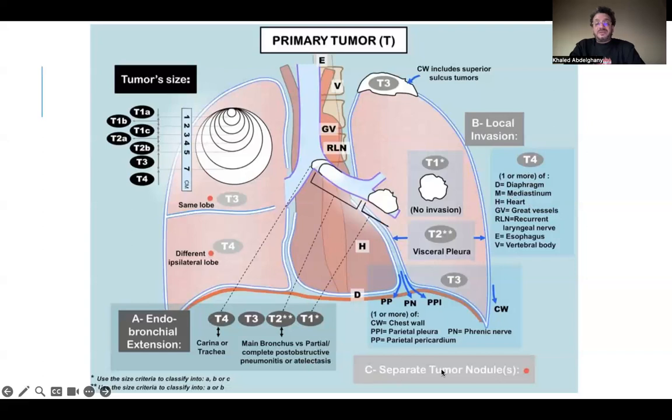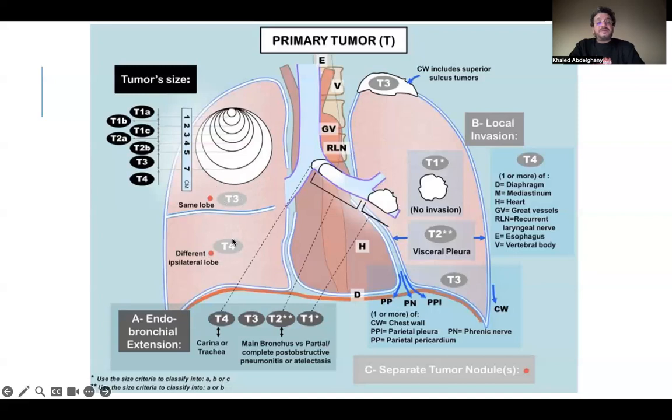In our case, we don't have separate tumor nodules. So what if there are separate nodules? If the tumor is here in the upper lobe in this diagram, and there is a nodule in the same lobe, this will render the staging T3.